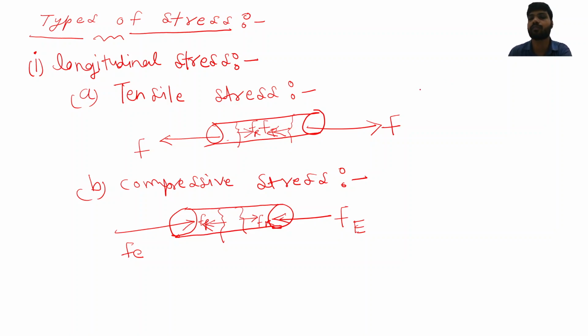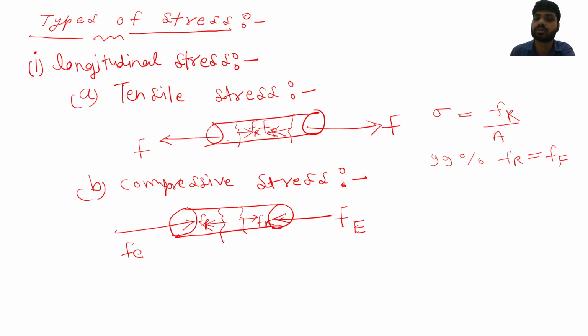So here we have to write what will be the formula of the compressive stress. Here in this case, sigma is equal to Fr by A, that is, resisting force per unit area. And for 99% of the cases, we know that resisting force Fr is equal to Fe.